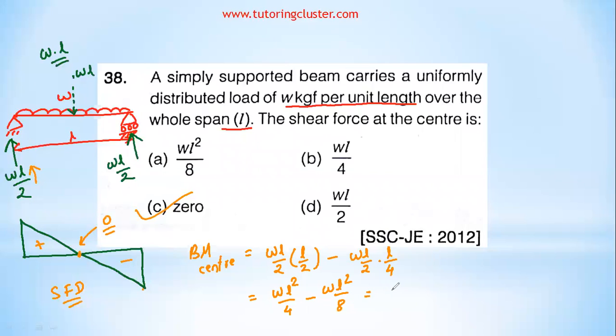So it will be WL square by 8. This is the bending moment at the center. It will be the maximum bending moment. Why? Shear force is 0, so bending moment will have either maximum or minimum value. In this case, it will be maximum. What is the magnitude? WL square by 8. So please remember how we are calculating the bending moment. Sometimes they will ask you bending moment.